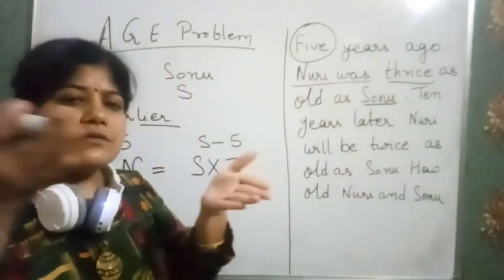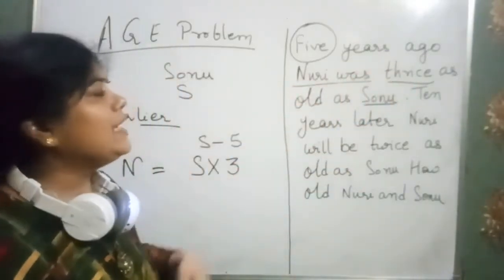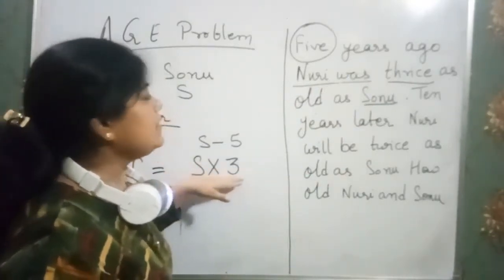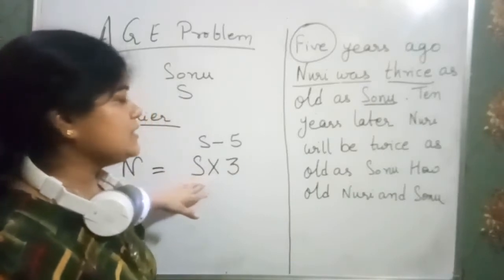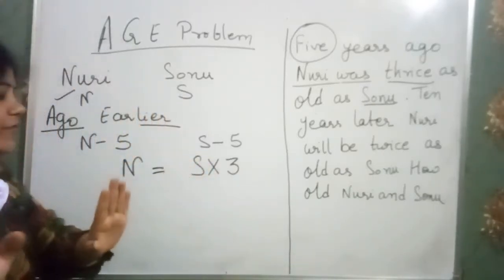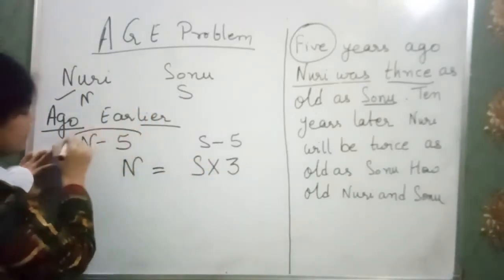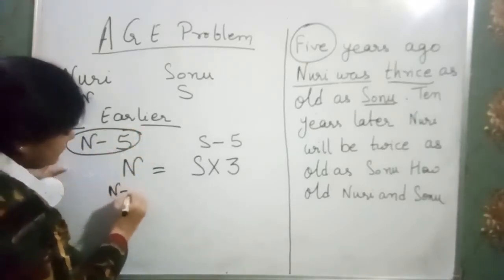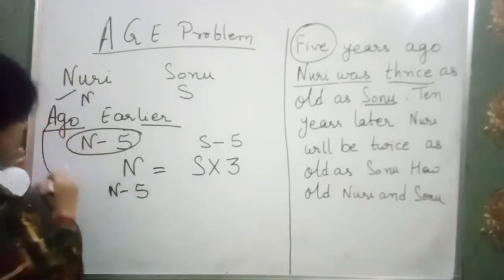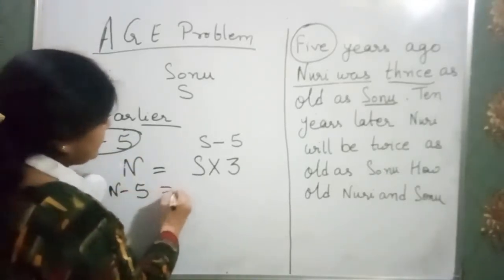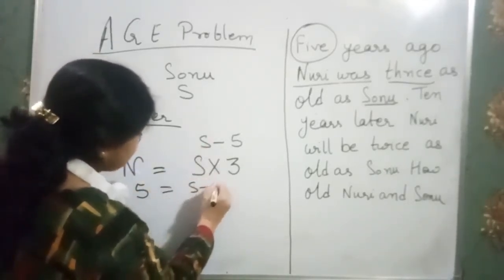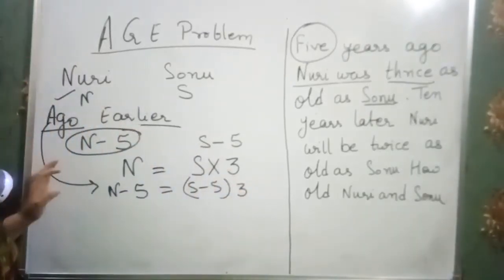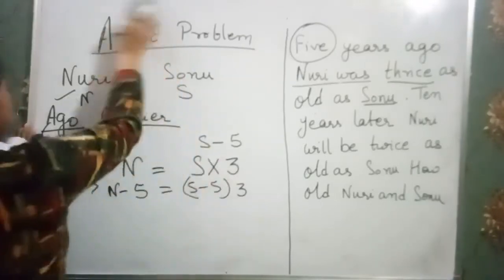Noori was elder, so we multiply Sonu's age 3 times. Now just wait for a while. In place of Noori, we write N minus 5, because it is 5 years ago. And in place of Sonu, we write S minus 5 into 3. Clear?